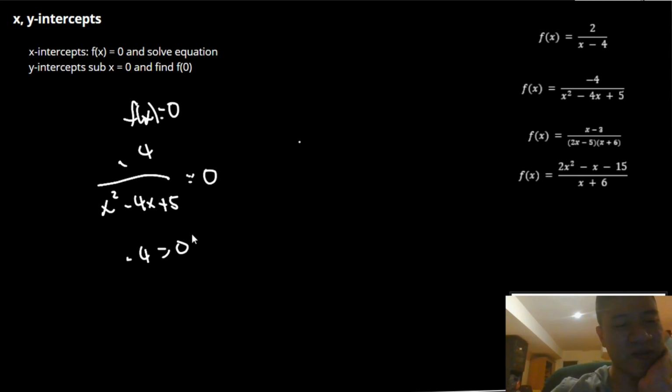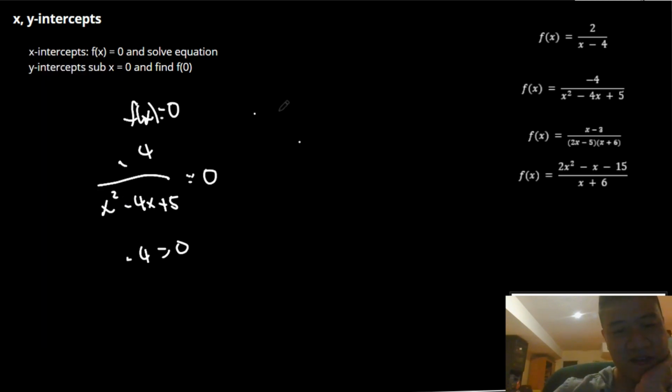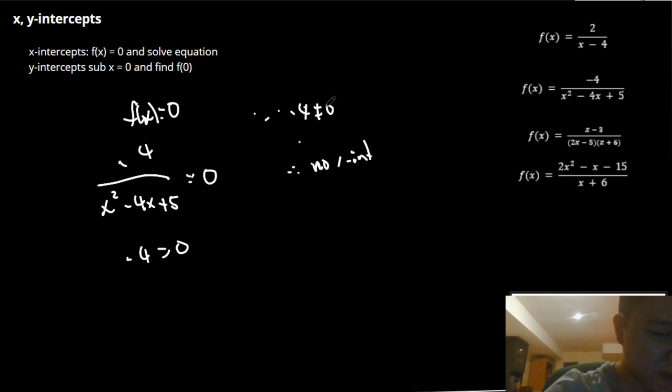Once you multiply this whole thing to the other side, 0 times whatever is 0. So once again, we have negative 4 equals 0, which doesn't make any sense. Since negative 4 cannot equal 0, that means no x-intercepts.